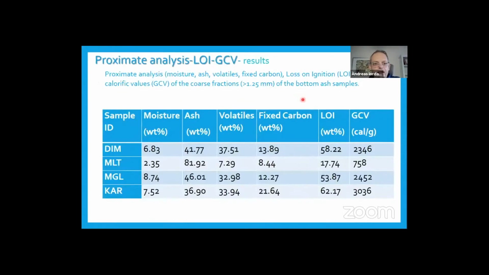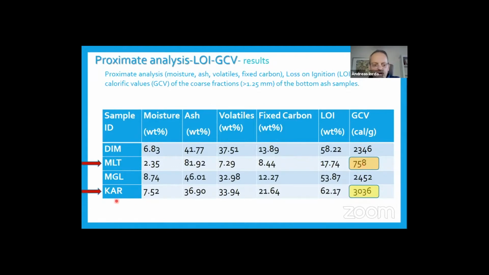Going now to the results of the proximate analysis, the LOI, and the gross calorific values. Here you can see in this table the 4 samples and the measurements of moisture, ash, volatiles, fixed carbon, LOI, loss on ignition, and gross calorific values. I can focus on these 2 values just to show you something. Here we have a very low gross calorific value for the Meliti sample, around 700 calories per gram.